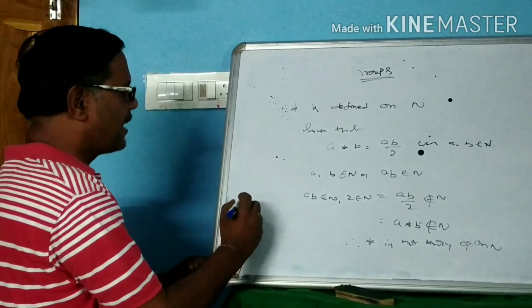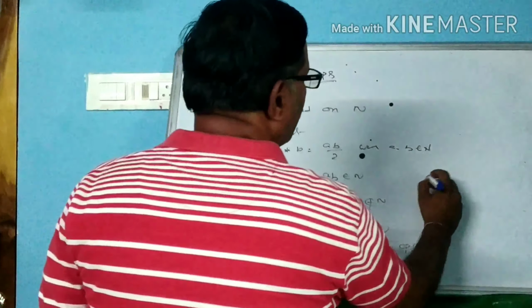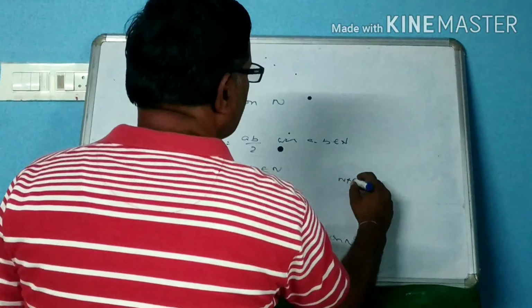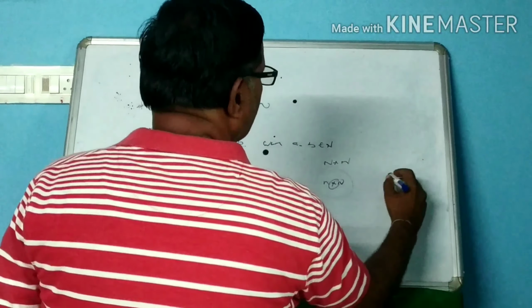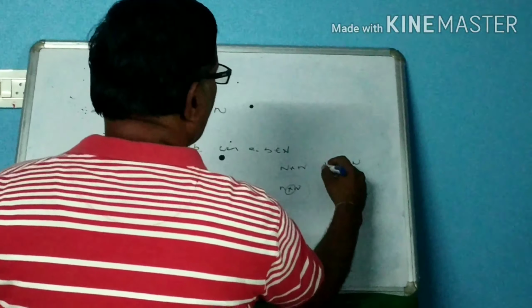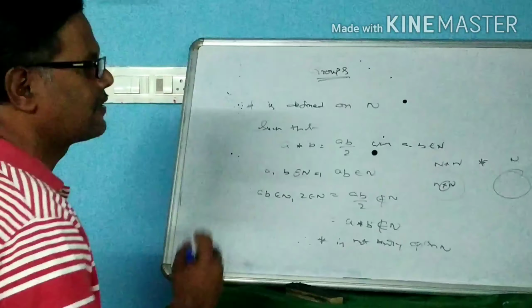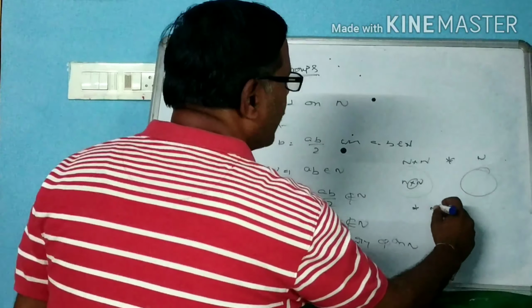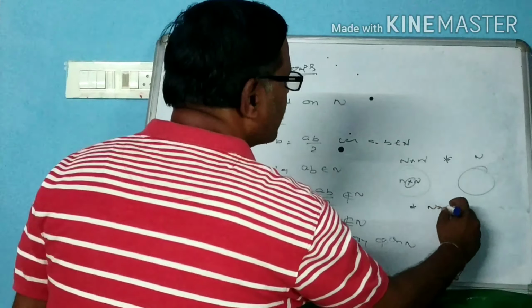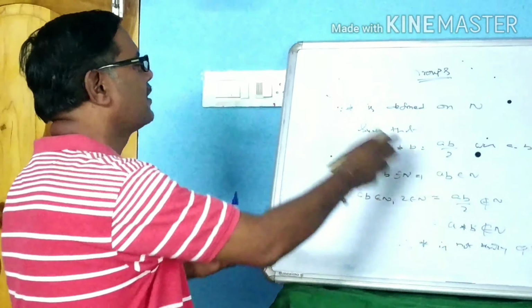Here N cross N is the set, and star must be a function such that star of N cross N belongs to N. Here a star b does not belong to N. That's why star is not a binary operation on N.